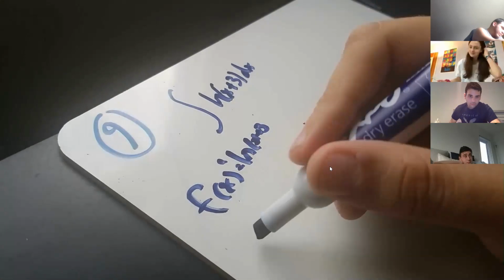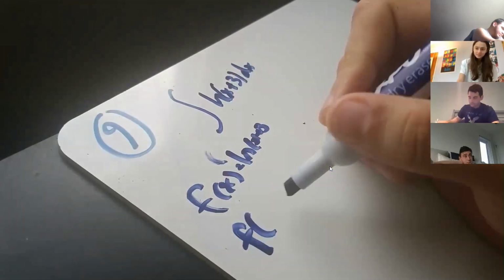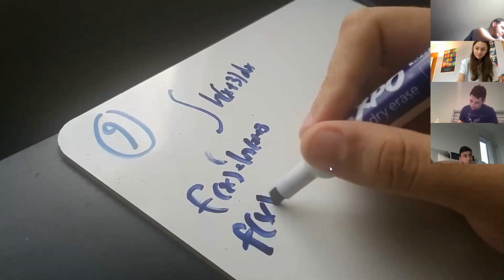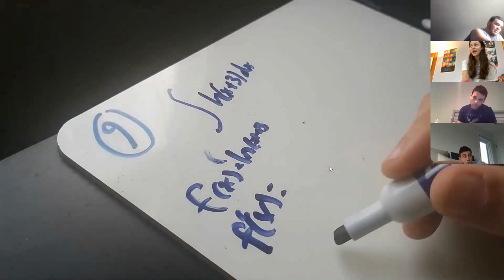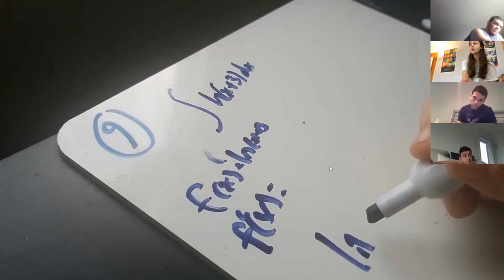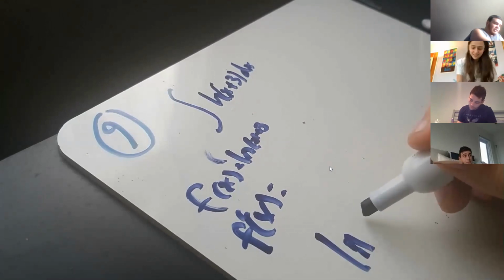So we have to do the derivative of f of x plus 3. Do you remember how to do the derivative of ln? 1 over x. Good, but we have an x plus 3. So what we're going to do is just a u substitution to make sure.